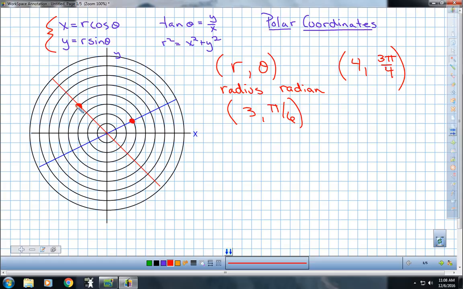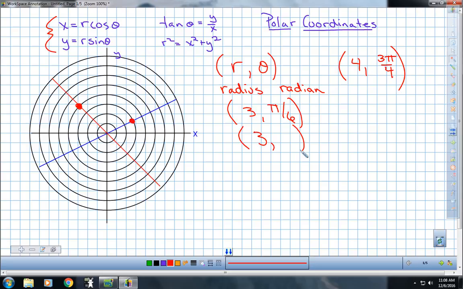All right, giddy up. Now here's the next thing we have to do. There is more than one way to plot the same point; there are actually 4 different ways. For example, let's go back to (3, pi over 6). I could have said 3 and then given the negative radian measure of that angle. What would the negative radian measure of that angle have been?